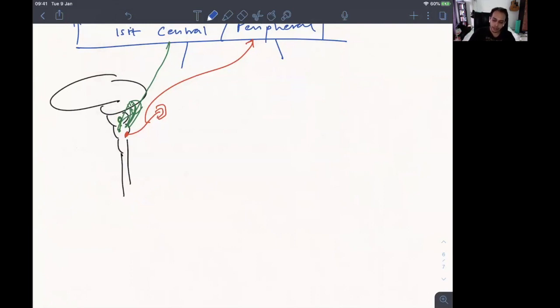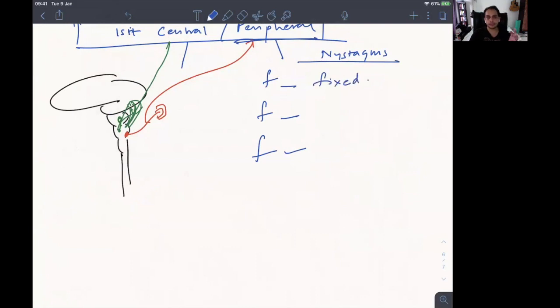And the main characteristics of a peripheral cause of vertigo is, one, the nystagmus will be fixed. It will be fatigable and fixation will stop it.